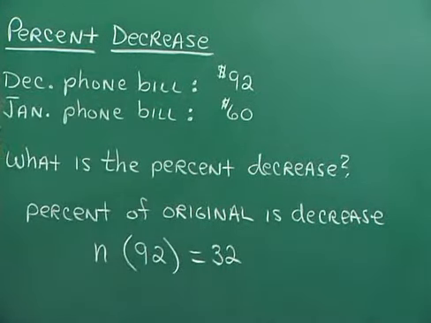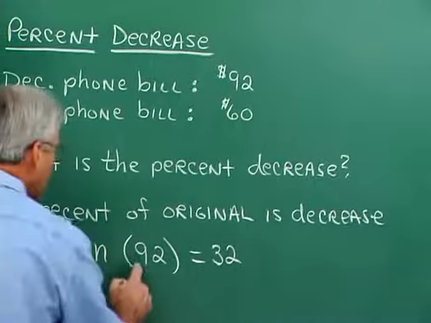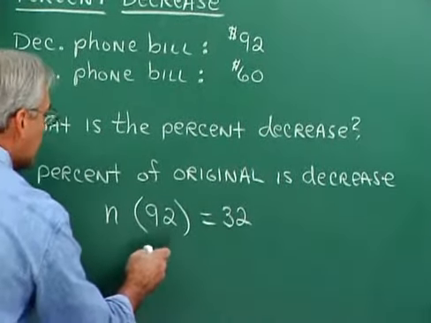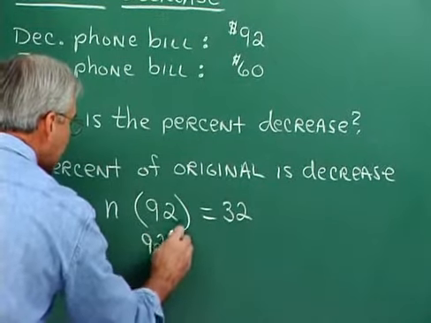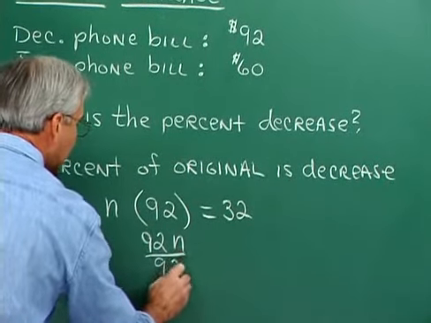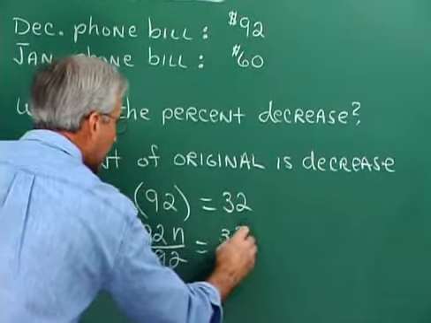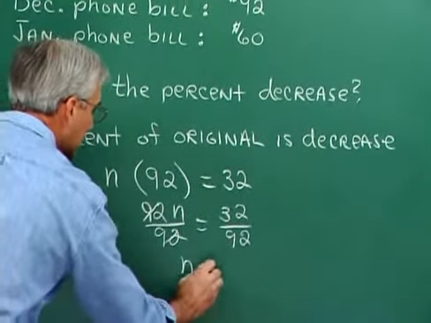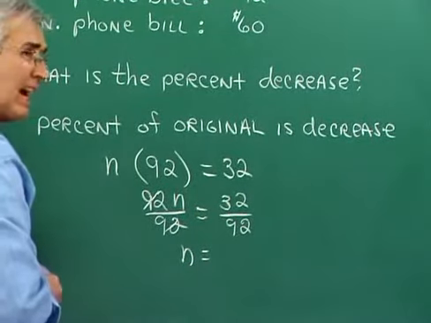And now we go through and solve as we understand that we would. This is the same as 92n. We're going to divide on both sides by 92. So we take 92n on the left and divide by 92. And on the right, we're also going to divide by 92. And these go out, and we find n then to be 32 over 92.